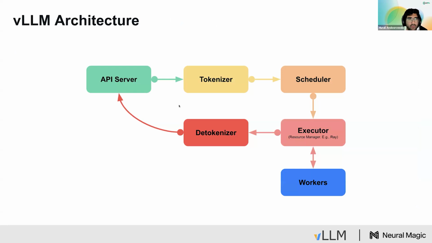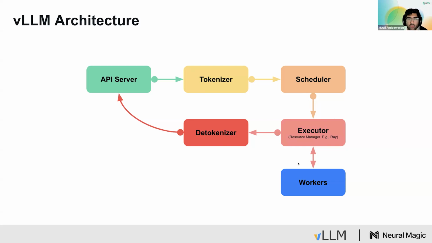Okay, just for a quick brief overview again of the vLLM architecture, I'll just focus on the right side here. What we do each iteration is we schedule a bunch of requests, and then we send them to this executor. There's a wide variety of executors. For example, there's a Ray version, a multiprocessing version, a single GPU version, and for each of these hardware backends, you'll have a different executor.